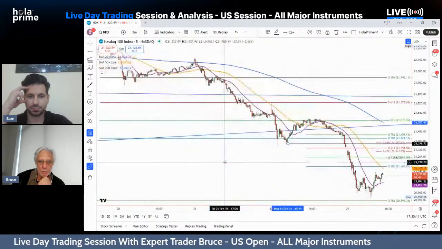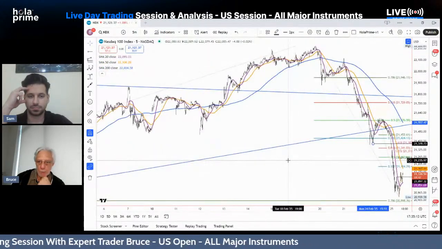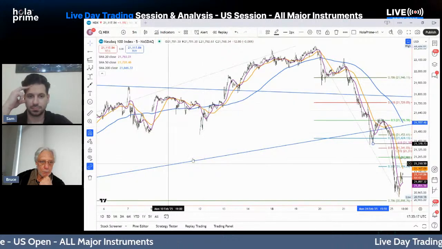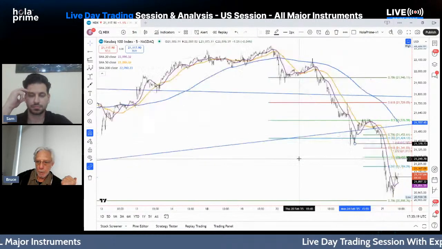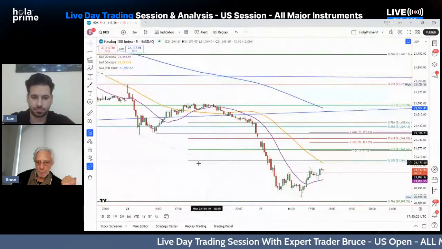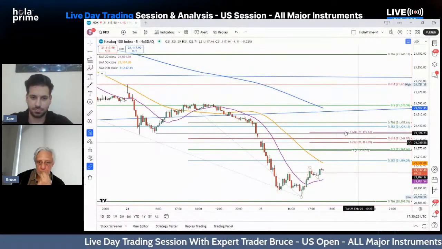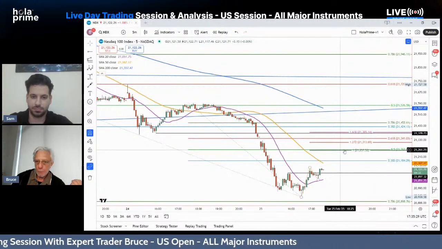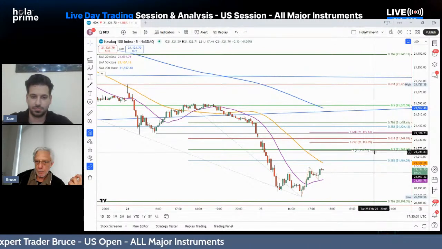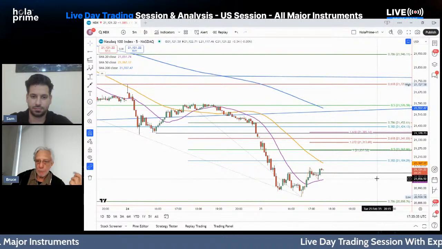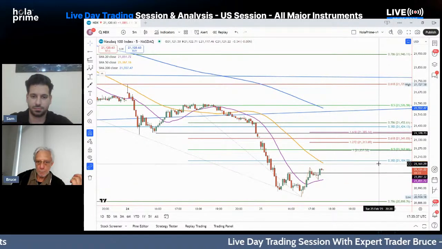I'm just looking to see, are there any other horizontal levels I want to have in there to see if they line up. And again, I'm looking to the left. I'm not looking to the right when I draw the lines. Okay, so we have the 50 moving average right here. That's something I want to know about. We have confluence right here around 21,257. We have confluence up here around 21,385.